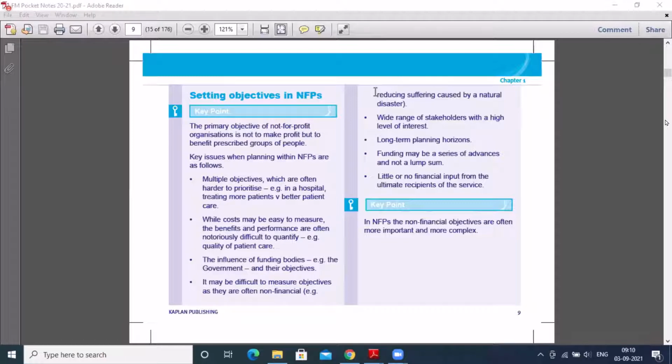We can do that. Next, a wide range of stakeholders with a high level of interest. In these non-financial organizations, there is a wide range of stakeholders. Stakeholders in the sense we can consider the subscribers, initial promoters of this charitable organization, beneficiaries, whoever benefited from that particular organization, even the government, and the tax authorities also.